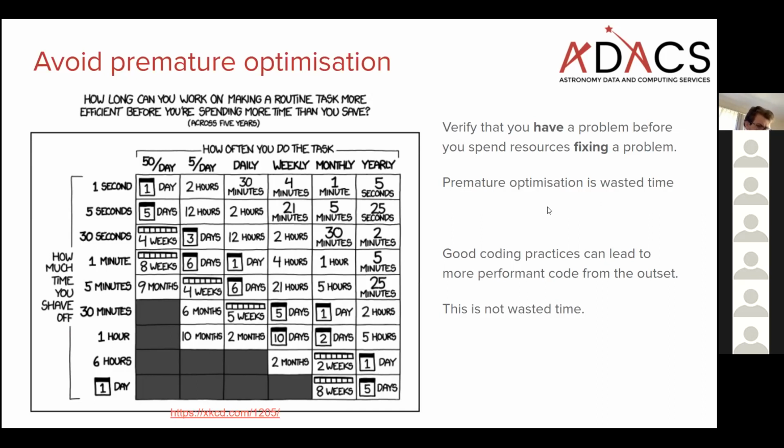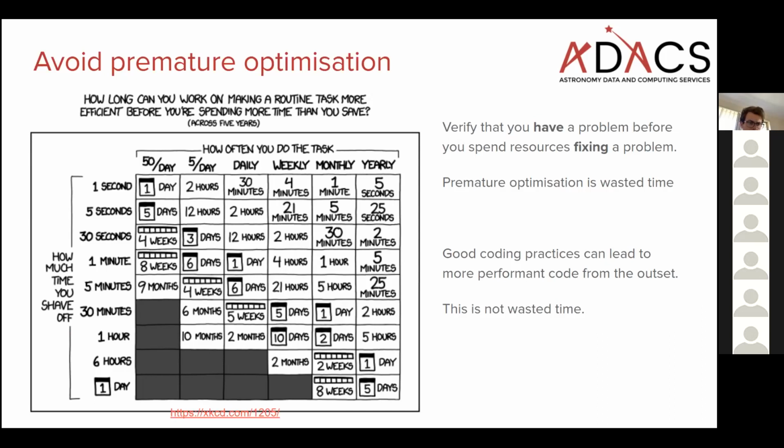Okay. Now, I'm not completely 100% against optimizing things out of the gate. Good coding practices can lead to more performant code from the outset. Once you have done some optimization work, and once you have seen some of the various libraries and tools that are available to you, as you're designing a new workflow and a new piece of work, you will start to take hold of these better tools from the beginning.